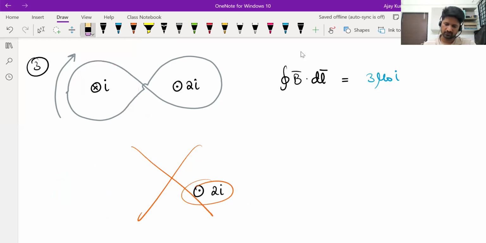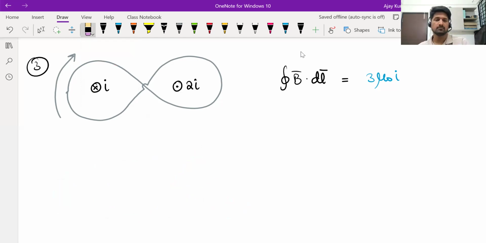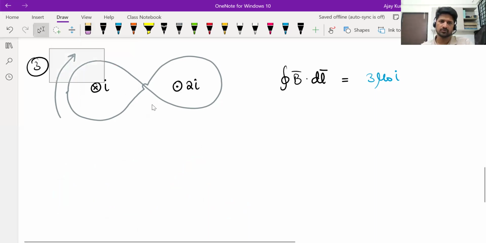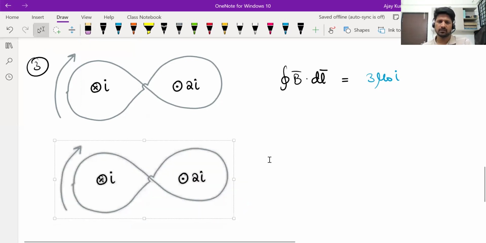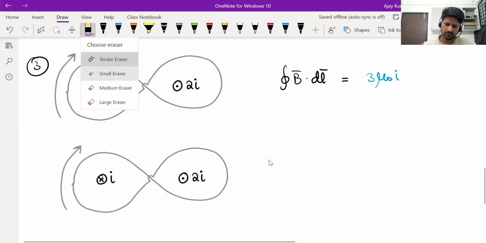Okay, what was the other idea you said? Like there are two loops, right? You want to consider it as two separate loops. Let's try it that way. That is one way of looking at it.